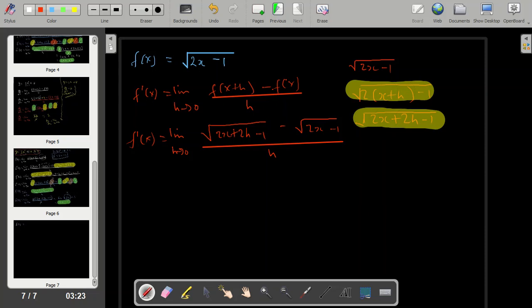So this is very simple. One thing we are going to do, this is what we're going to do always.